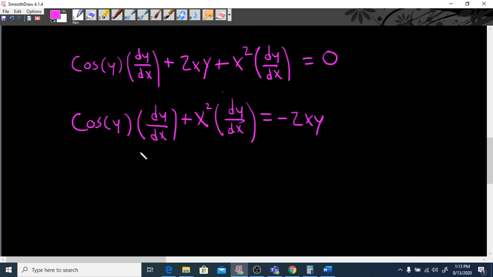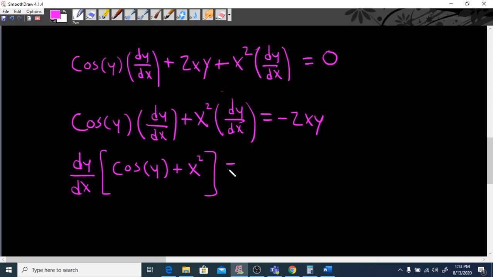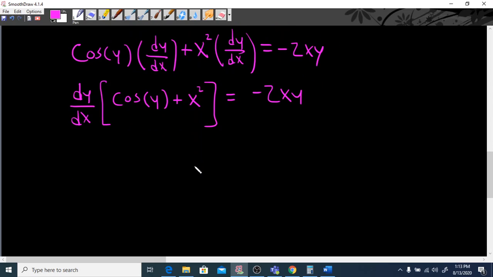On the left-hand side now, two terms, both containing dy dx. I'm going to factor dy dx from both terms on the left-hand side, leaving cosine y plus x squared equals negative 2xy. Okay. And we're solving for dy dx now.